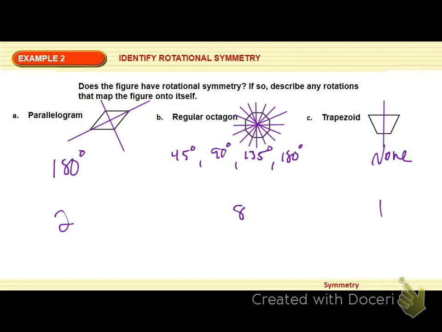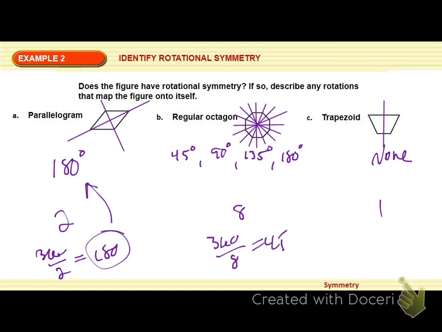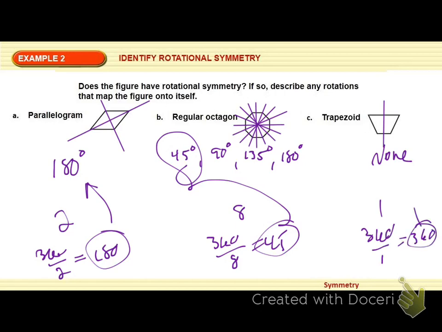So if you take a look, turning something all the way around back to itself is a 360-degree turn. Well, if you get 360 and divide it by 2, you get 180. If you take 360 and divide it by 8, you get 45. And if you take 360 and divide it by 1, you get 360, which doesn't count as a rotational symmetry.